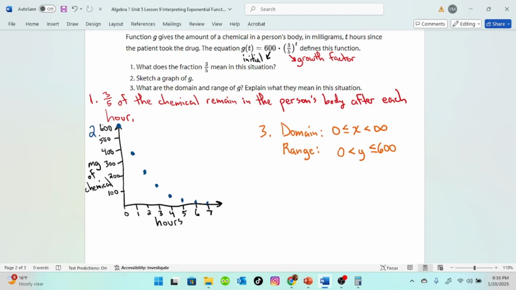And then they want us to explain what the domain and range mean, and that's what I was stating.